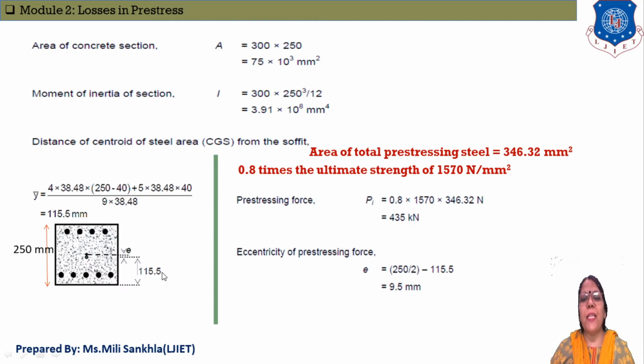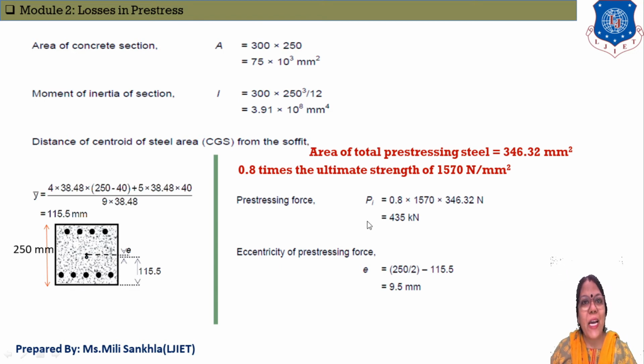Now here the pre-stressing force in the data is given: the pre-stressing force is 0.8 times the ultimate strength of 1570 Newton per mm square. So the pre-stressing force Pi, because this is the initial pre-stressing force that we apply on our pre-stressing steel, is equal to 0.8 into 1570 into 346.32, and this is our total pre-stressing area of 9 wires.